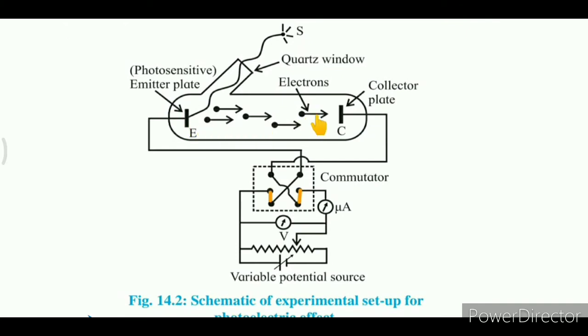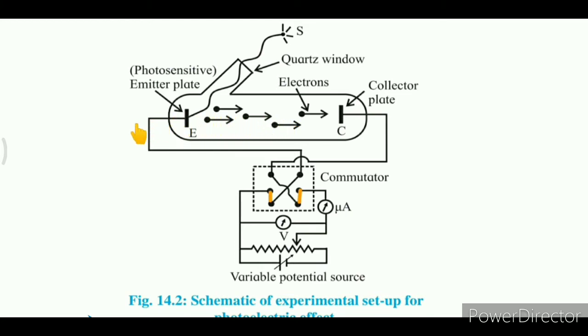Look here, the collector plate is maintained at negative potential. Electrons are also negatively charged particles, so these electrons will start to be repelled. As we increase this negative potential, the electrons are repelled more from the collector plate.